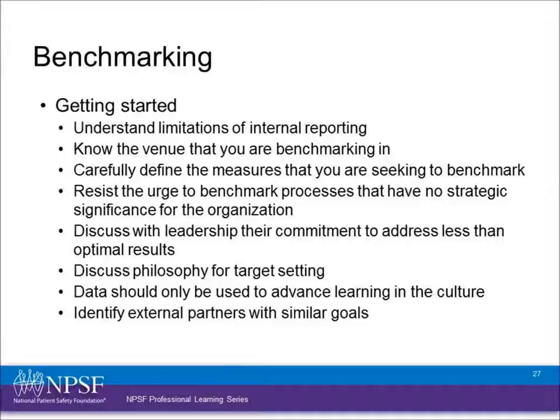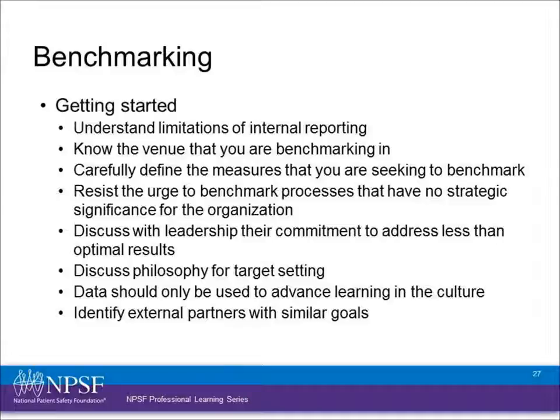If you're benchmarking medical malpractice claims, and I think this is an area where hospitals often do some benchmarking, data on both indemnity and expense dollars probably need to be adjusted for geography to allow for the variation that exists from jurisdiction to jurisdiction depending on tort reform. And so, again, that's a very concrete example, but know the venues that you're benchmarking in.